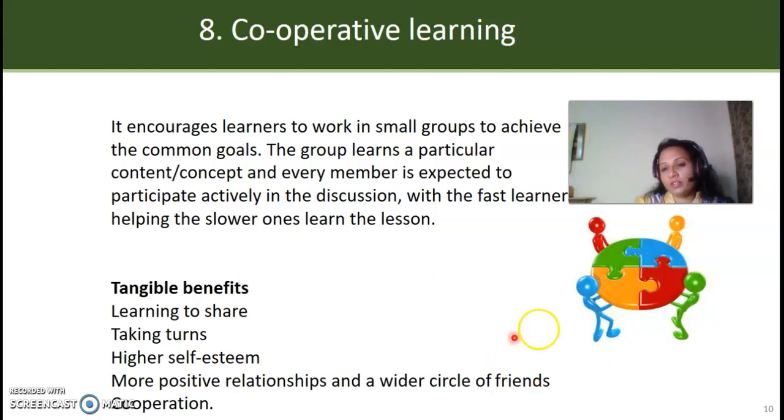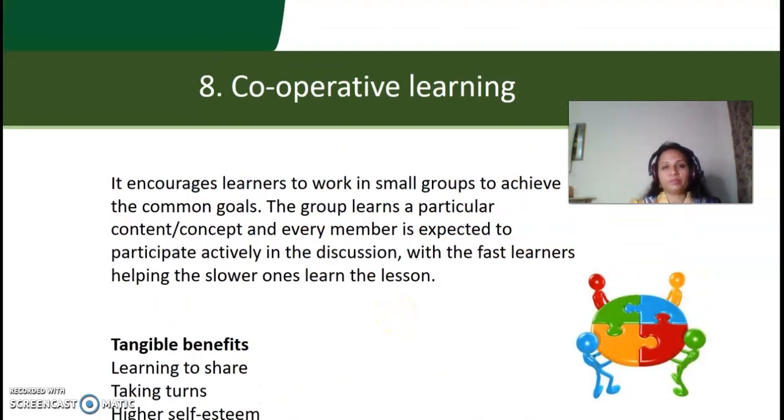Yes, as we can see in this picture, because of the group work, they are more social, they come close to each other, they become more friendly, and they also learn to take turns. Then they learn to share. So this is also a very good strategy to teach at the primary level, especially mathematics.